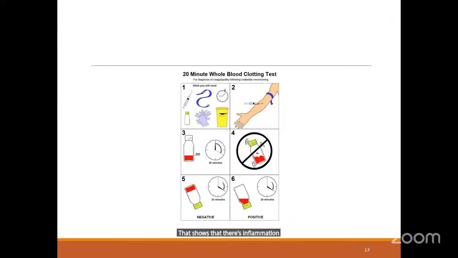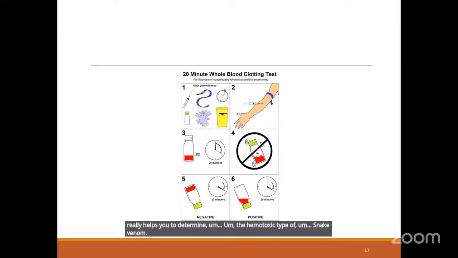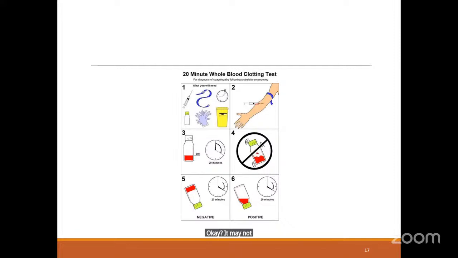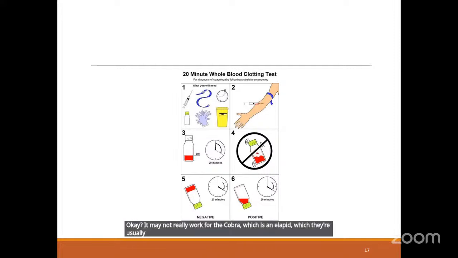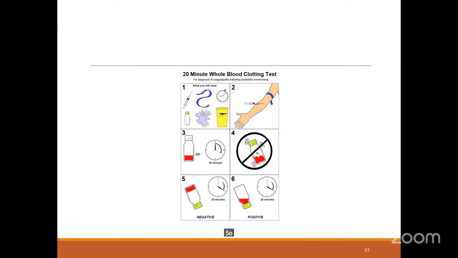This particular test really helps you to determine the hemotoxic type of snake venom. It may not really work for the cobra, which is an elapid, and they are usually neurotoxic. So it usually works more for the viper, which contains hemotoxic venom. So it may not really work for the cobra.